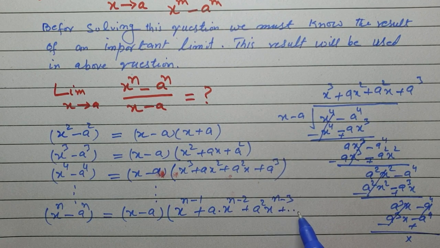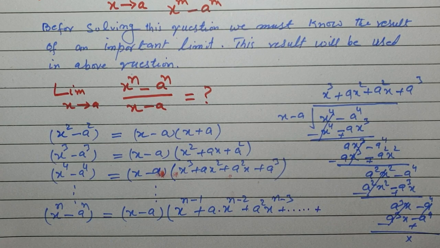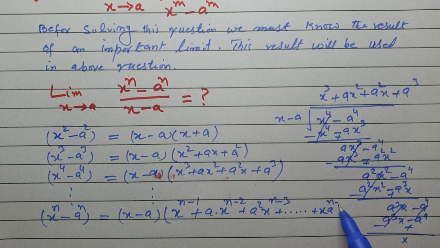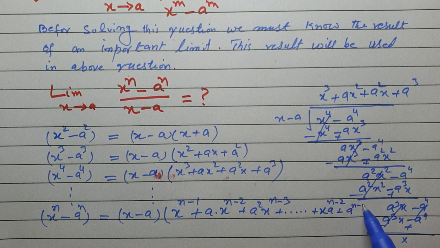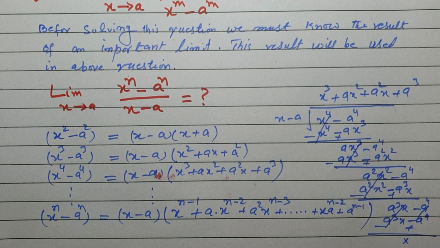And go on. Then we shall get x a^(n minus 2) and a^(n minus 1). This is last.